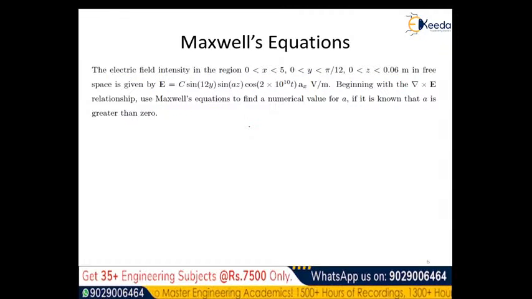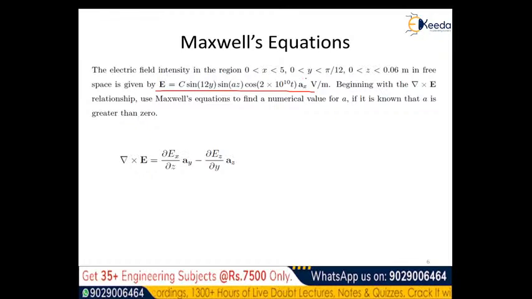So first of all, by making use of the curl formulation for the given capital E here, you see the unit vector is small ax, so this is completely capital Ex. We have to express del bar cross of E bar equal to del z of Ex into ay minus del y of Ex into az.